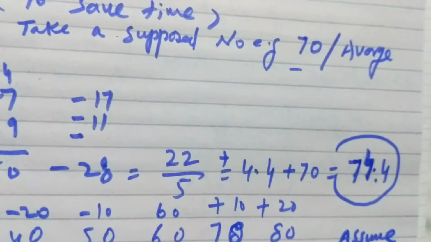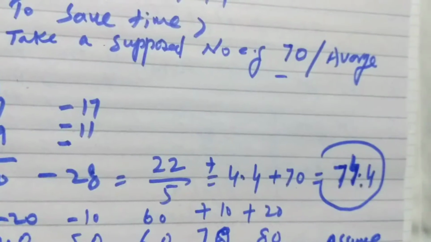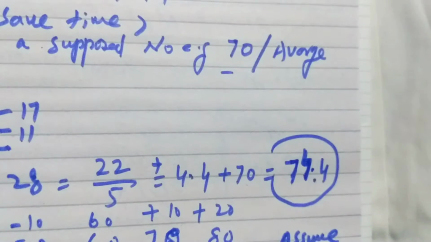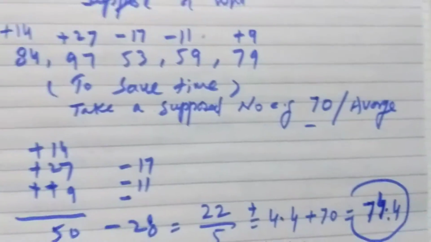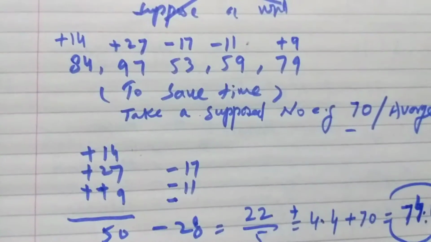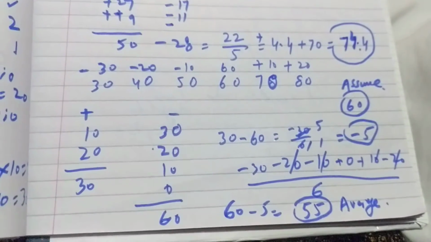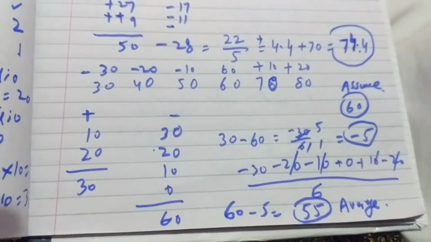By adding the assumed value 70, the answer is 74.4, which is the average value of this numerical. Next question, to solve in the same manner.